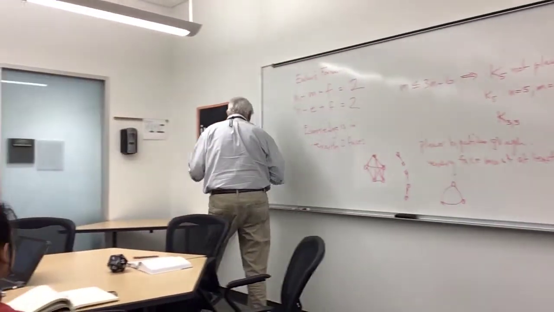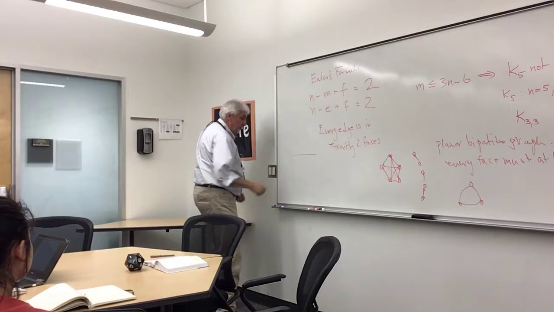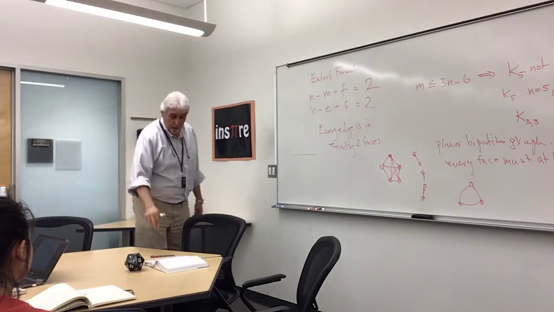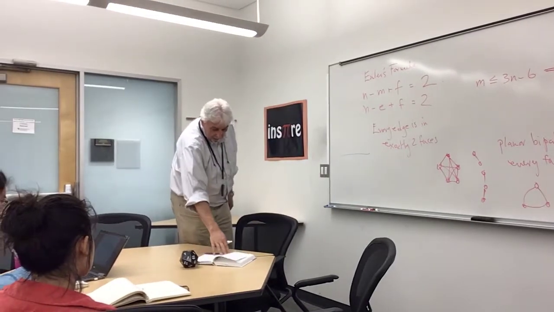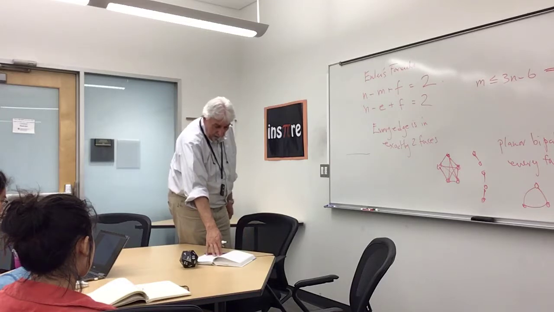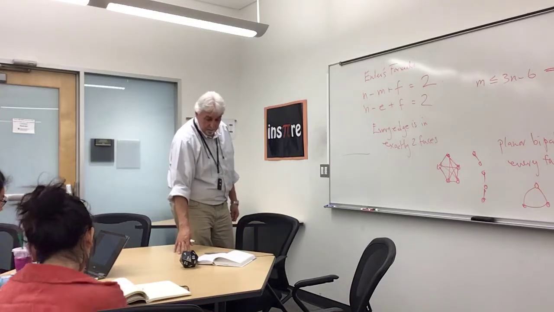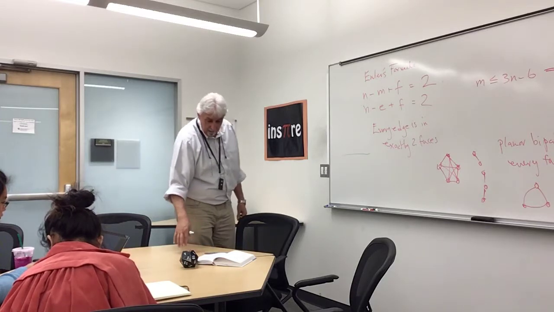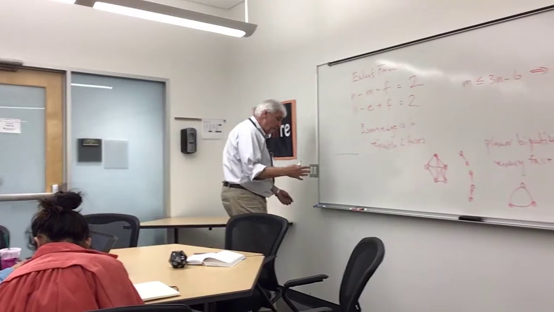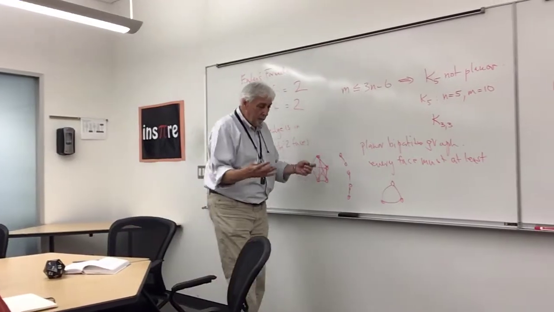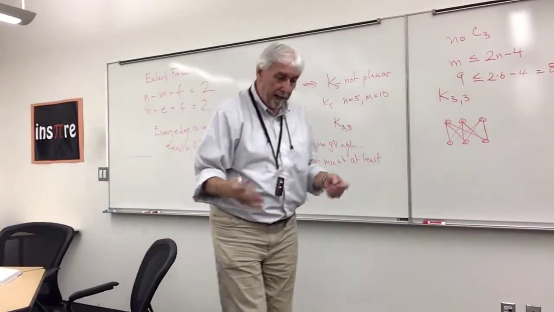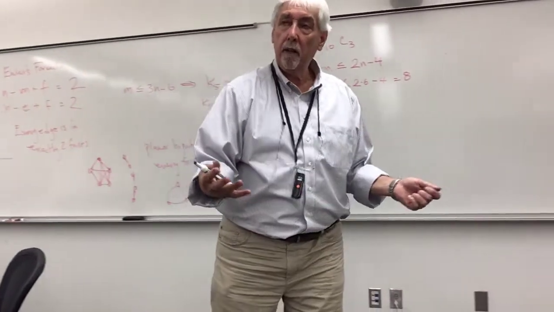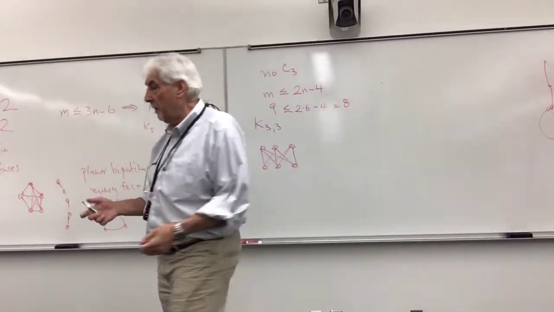So I'm going to jump down before I ask you the answer to these. If you look at theorem 8.7.12, these two graphs, K5 and K33, completely determine when a graph is planar, up to vertices of degree 2.